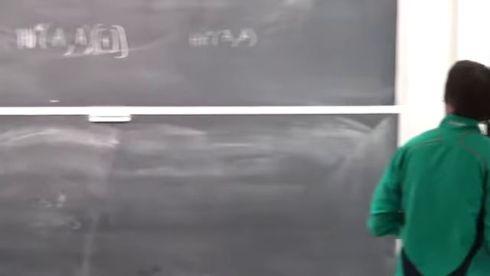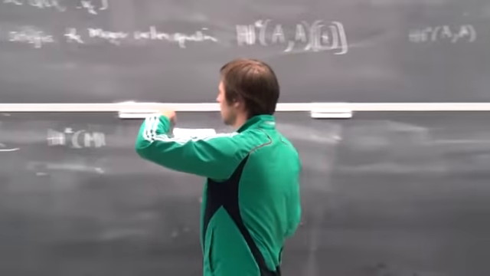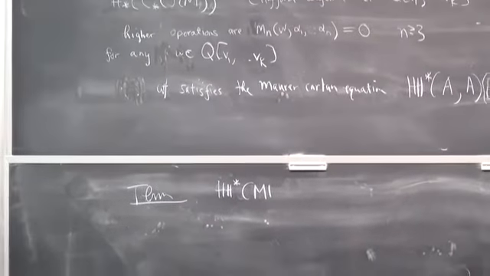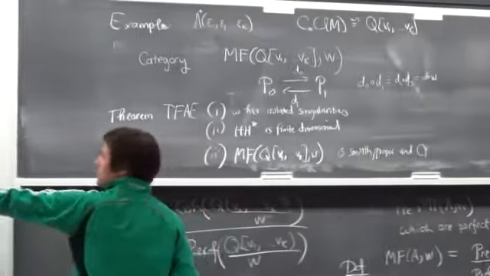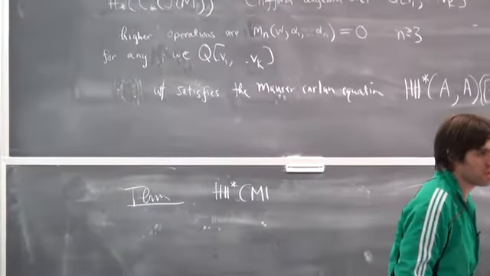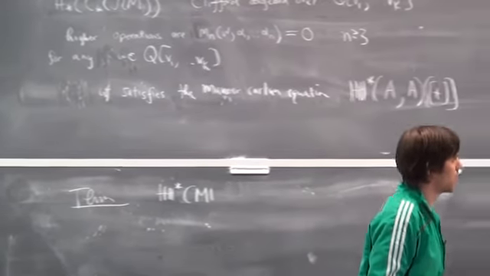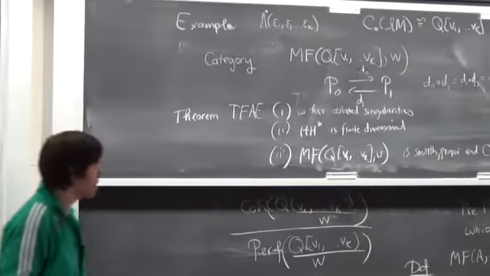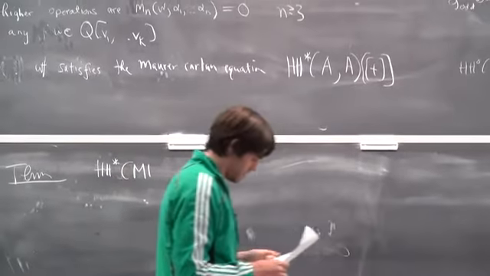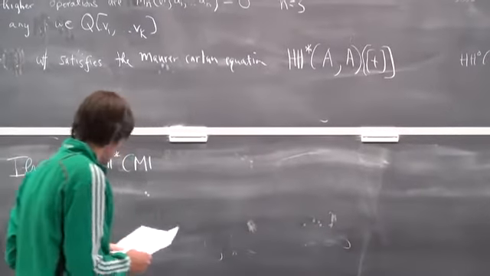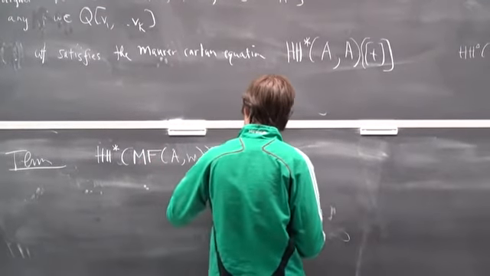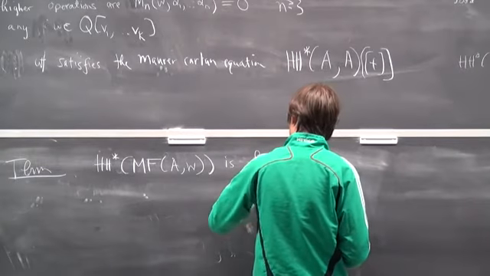In this definition, W is just any element of A. A is that A, as above. So the Hochschild cohomology of MF with A, W is finite dimensional.